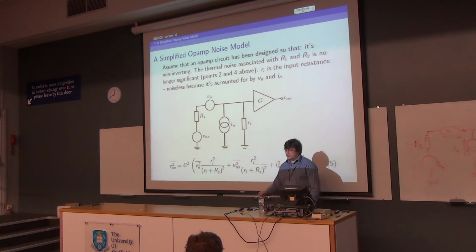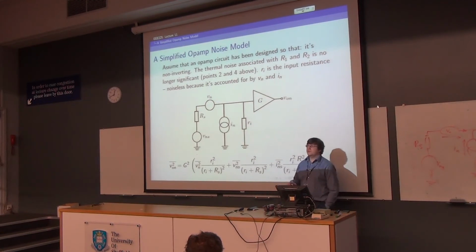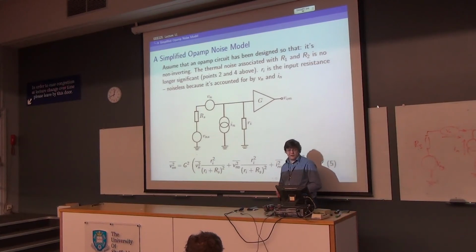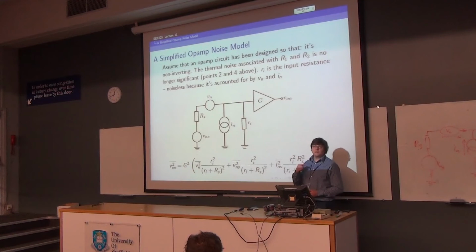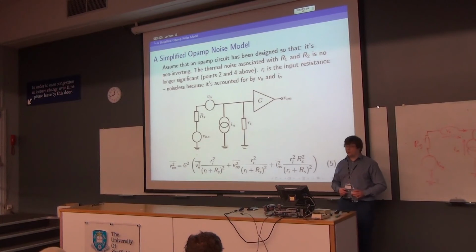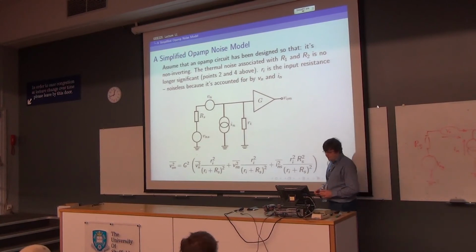The input resistance is noiseless because it's a model resistance that we've concocted to lump all the resistance inside the amplifier that looks from the input. So it doesn't have any noise. So we're down to just one VN and one IN, so we're back in the situation we were when I started talking this morning. And we have the same expression that we had when I started talking this morning, which is 5. 5 and 1 is the same, I think.